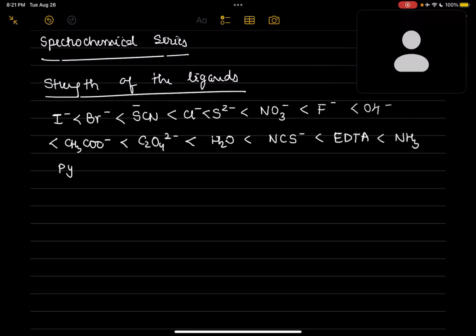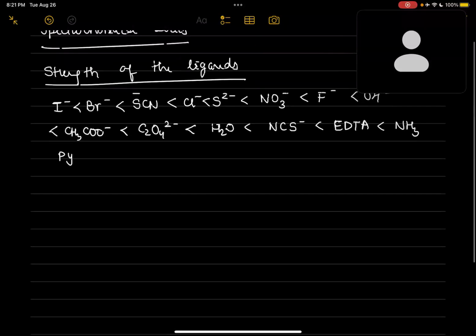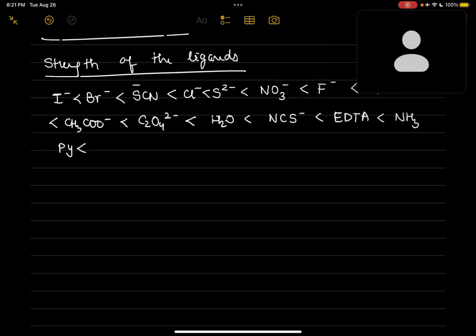PY is pyridine. So all these nitrogen containing ligands are considered to be strong ligands.